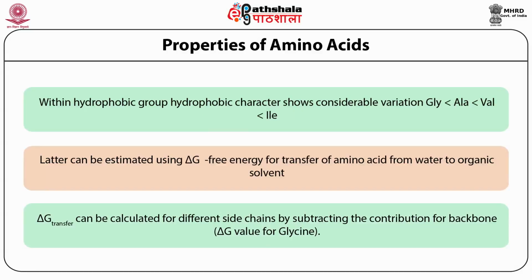It can be calculated for different side chains by subtracting the contribution for the backbone, that is nothing but the delta G value for glycine, which does not have a side chain.